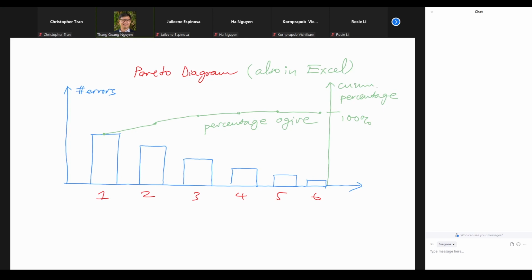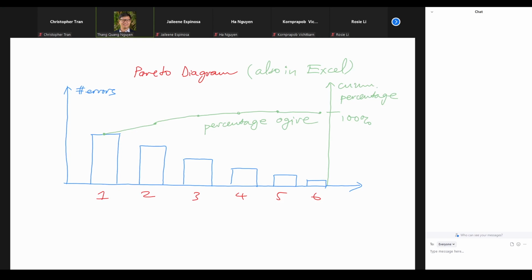So the first time you manually draw it to learn the concepts, and the second time you do it in Excel to learn the skills, right? We need both the concept and the skill, computer skill, or software skill. All right, so now we are already done with the Pareto diagram. This Pareto diagram is just the visual of the table that we have earlier, right?